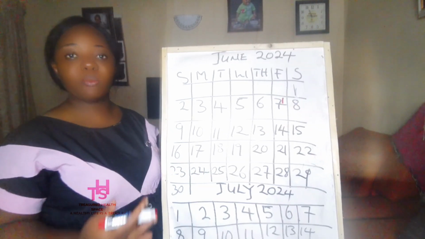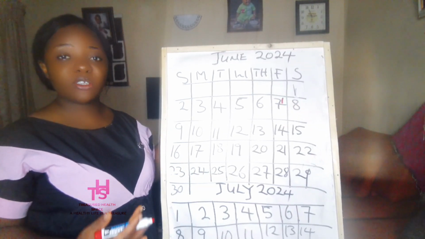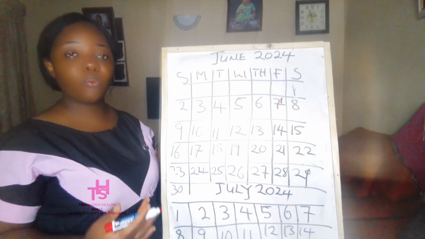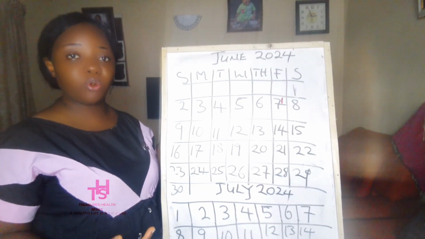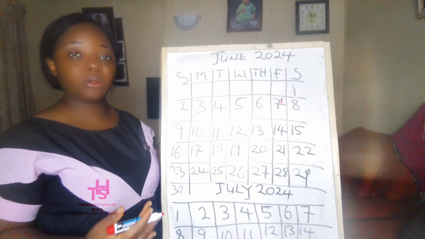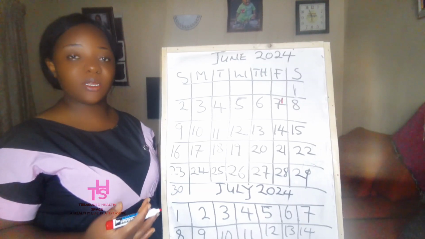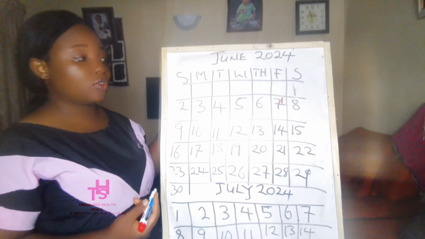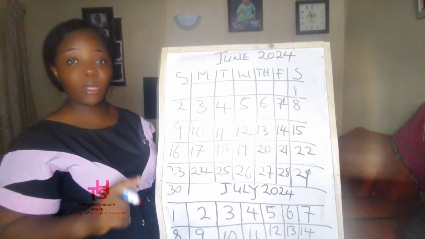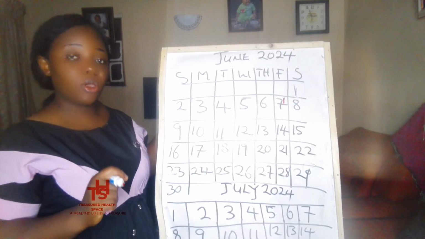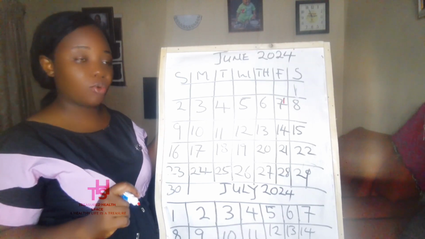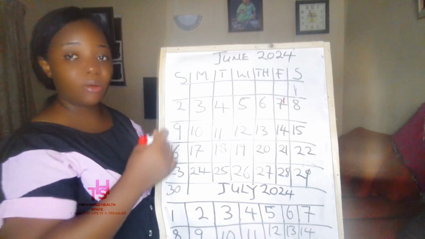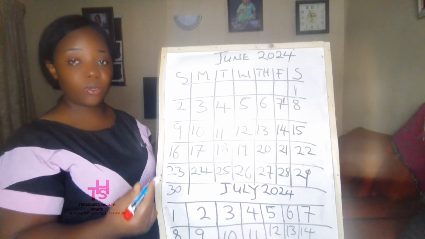Now, in calculating your menstrual cycle length, we're not interested in how many days you saw blood. We are interested in the first day that this bleeding started. Okay, so you saw your period on the 7th of June. You're going to count that day as day one of your menstrual cycle. So you're going to count right until you see your next period.